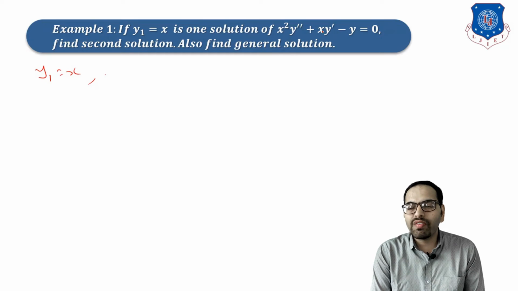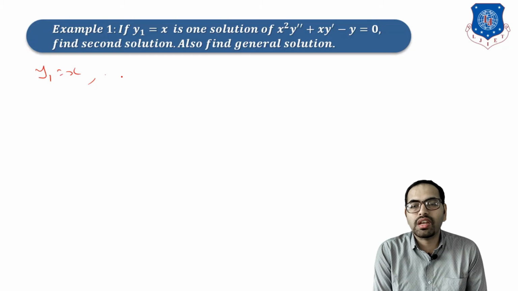For that, what we have to do? Divide the whole differential equation by x square, meaning rewriting the differential equation. Then y double dash plus 1 upon x y dash minus 1 upon x square y equal to 0.